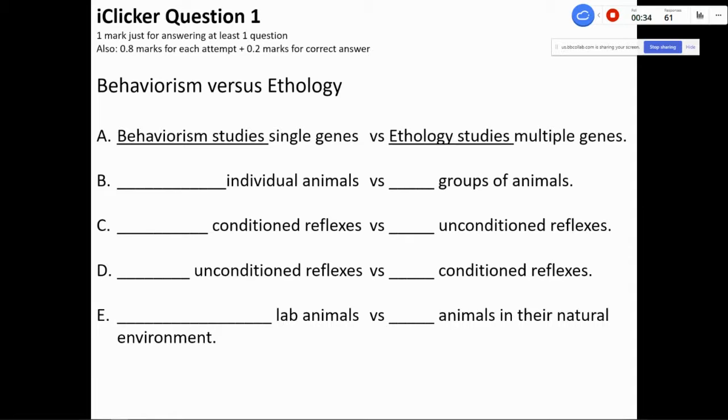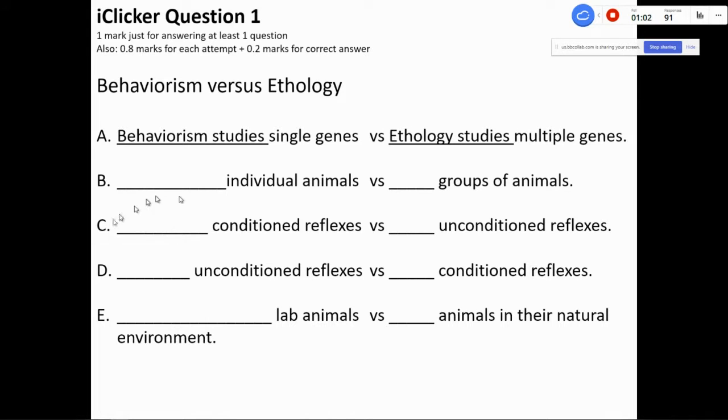Professor, what is the question? Behaviorism versus ethology, what is the difference? Is it that behaviorism studies single genes, whereas ethology studies multiple genes? Or is it that behaviorism studies individual animals and ethology studies groups of animals?